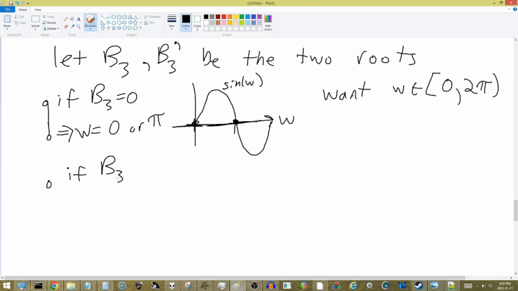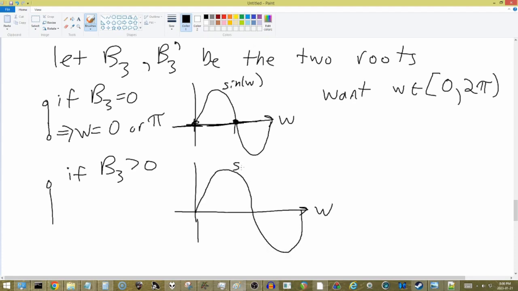If b3 is greater than 0, then let's look at that case. Basically we'll plot here's w and here's sine of w. Now if b3 is some constant value as a function of w, we want to find when sine of w equals b3, basically. These are the two values. So we know that this little distance here is equal to the arcsine of b3.